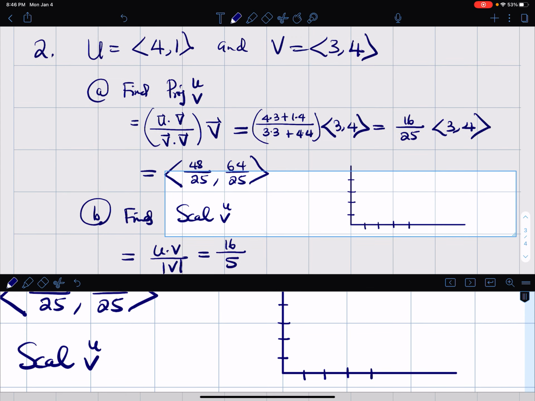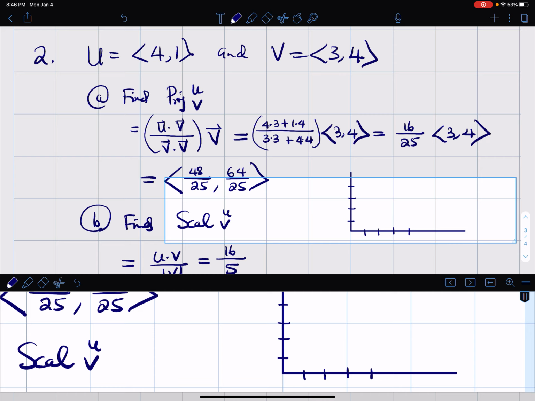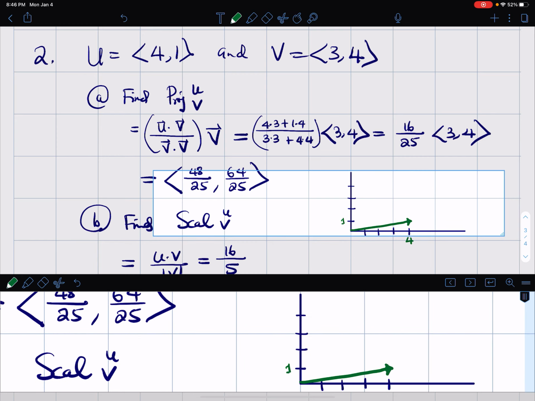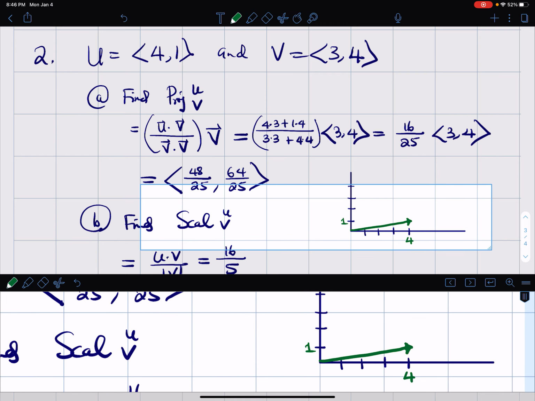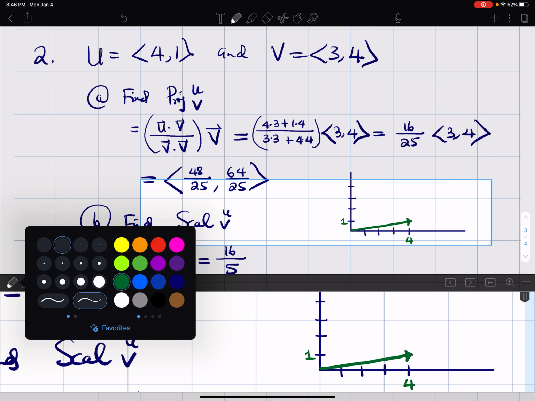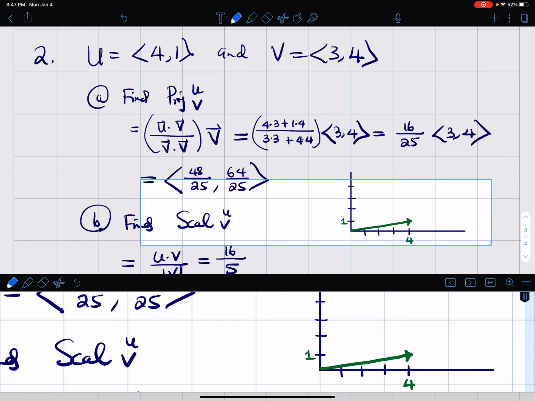U is (4, 1), so this is 4, 1. And then V is (3, 4). So 3 and 4 over here.